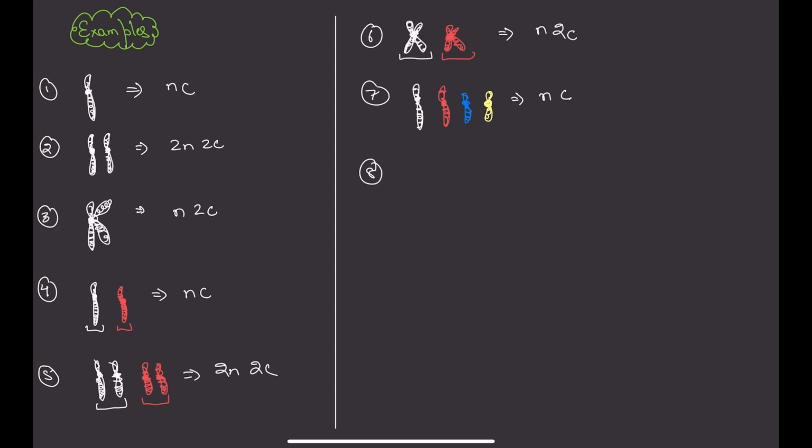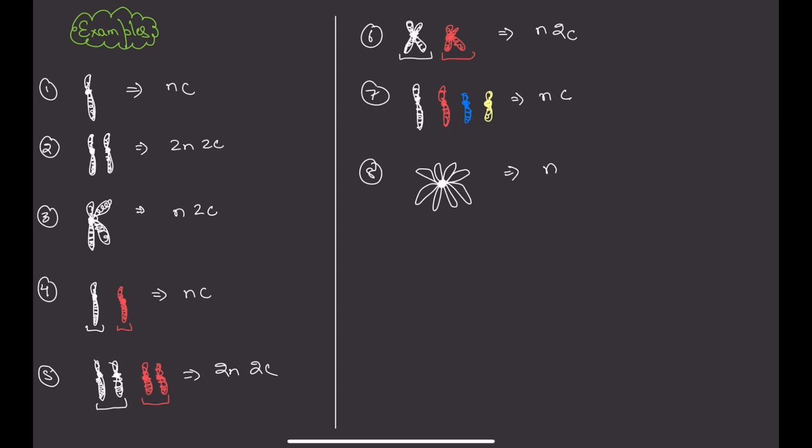Another example, let us take like this. So look at the centromere. Just one centromere present means the chromosome is just one. And is there any copy of this chromosome present? No.